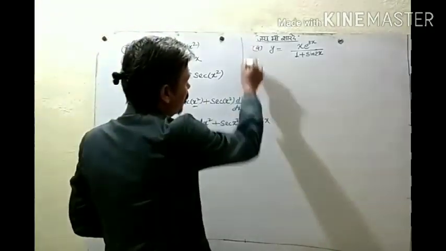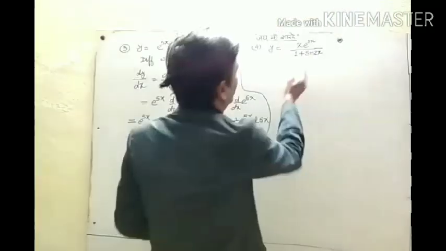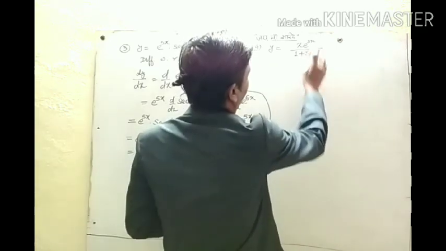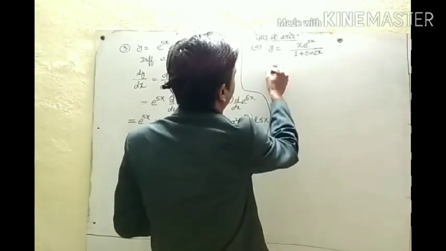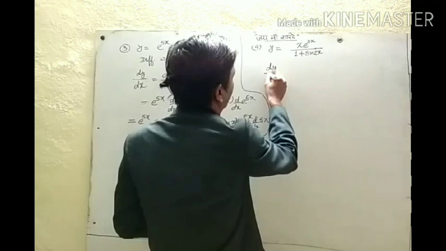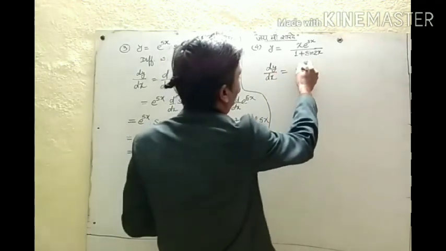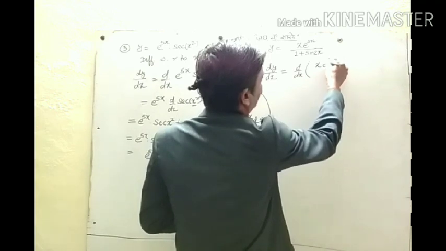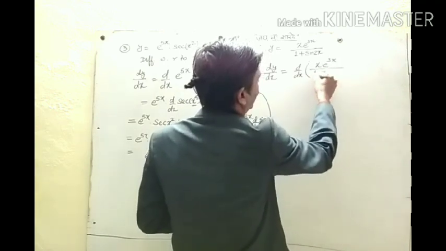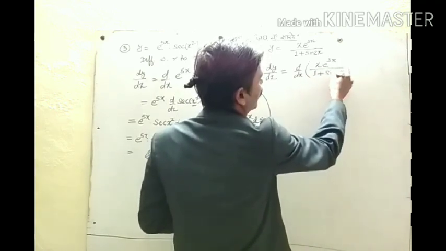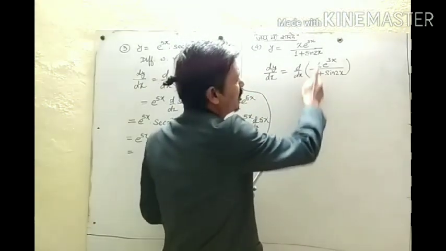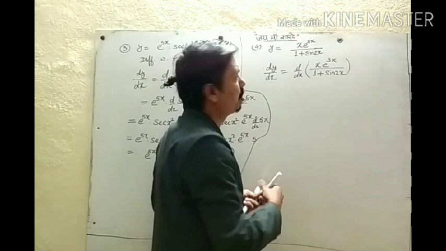One more question. Now we'll differentiate y is equal to x into e to the power 3x upon 1 plus sine 2x. So differentiating both sides, we get dy by dx equal to the derivative of x into e to the power 3x upon 1 plus sine 2x. Now here we have a rational function, so we apply the quotient rule.